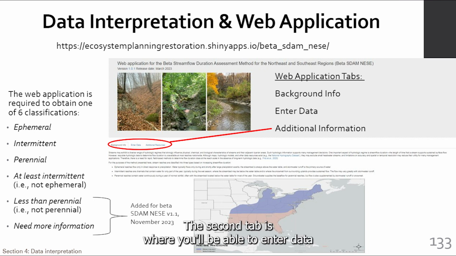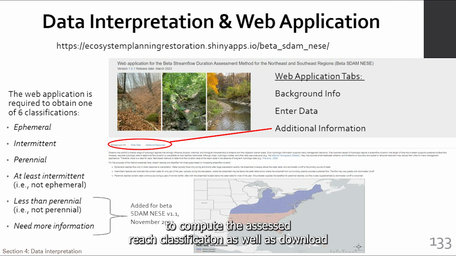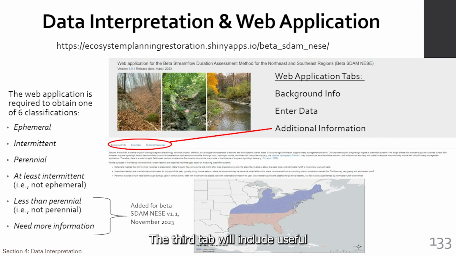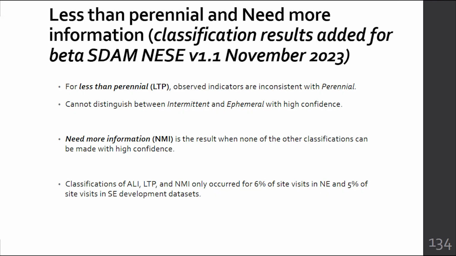The second tab is where you'll be able to enter data and run the model to compute the assessed reach classification, as well as download a report of the data that you entered with its final classification. The third tab will include useful links, online resources for users.